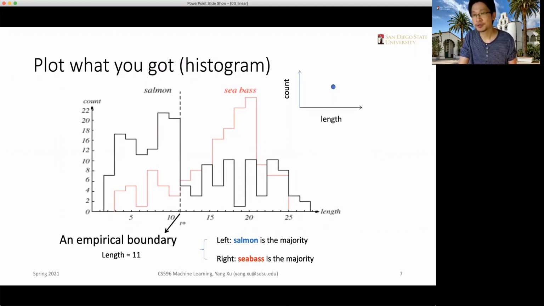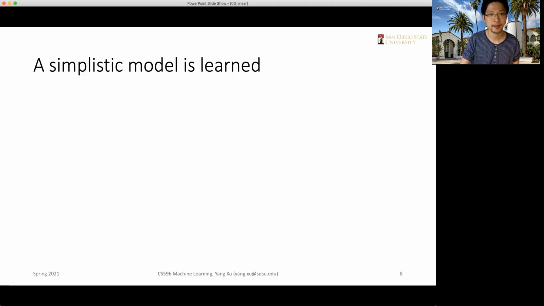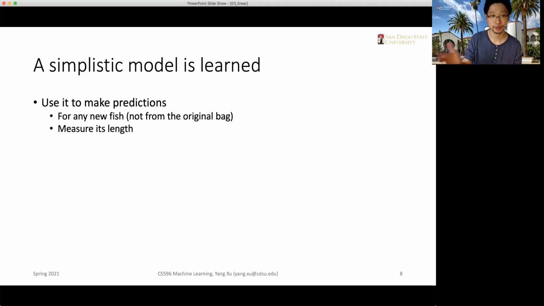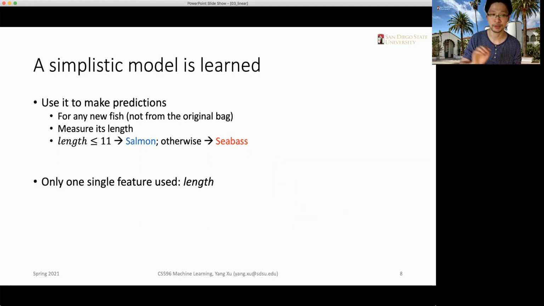So of course we are making errors, right? Because this simple model doesn't even fit all the training data. We can see a lot of errors because there's also black on the right and red over on the left. But anyway, it's a simplistic model already learned, and we can use it to make predictions. For any given fish, we just measure its length and make such a prediction.